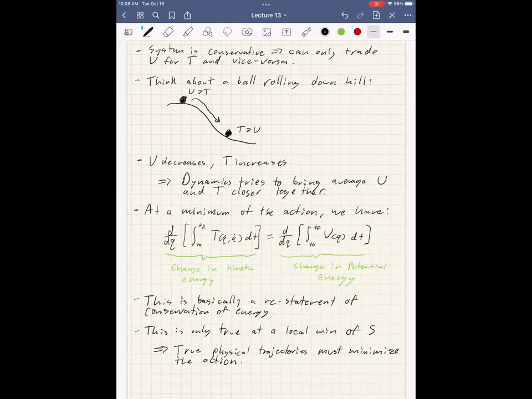So what is this saying? This is saying if I change trajectories a little bit, these guys both have to change sort of together. Small changes in, you have to think about this some more.